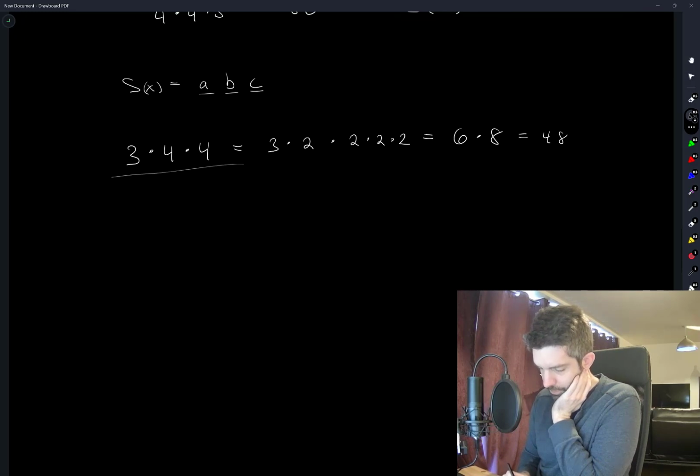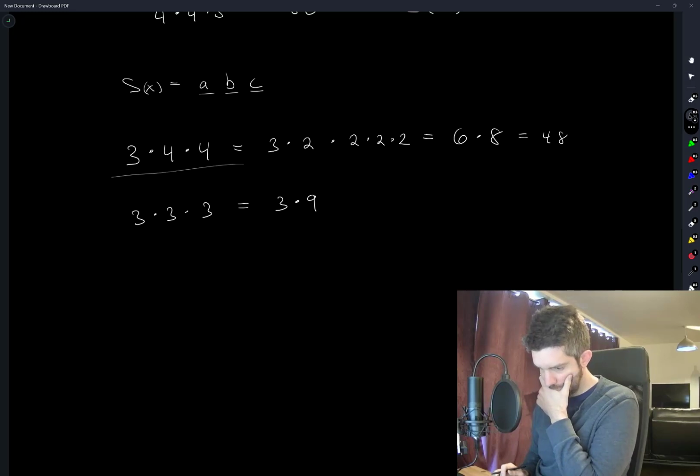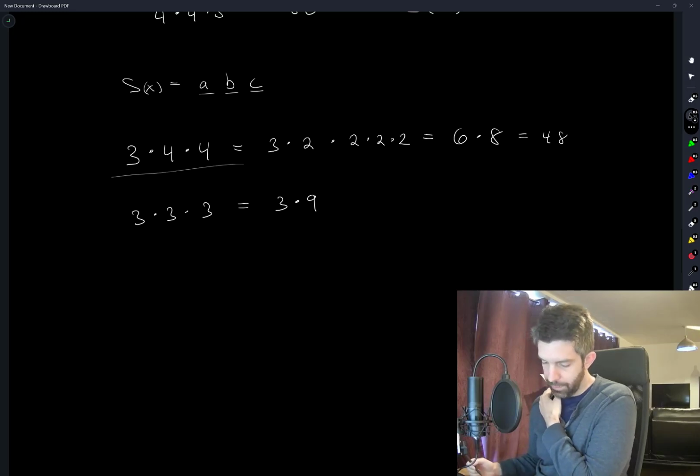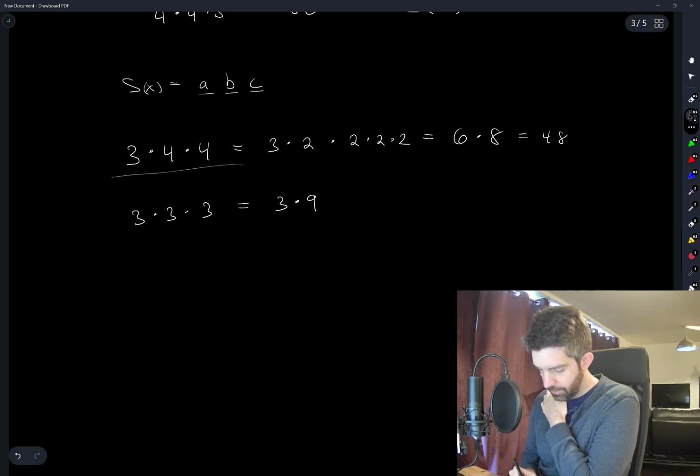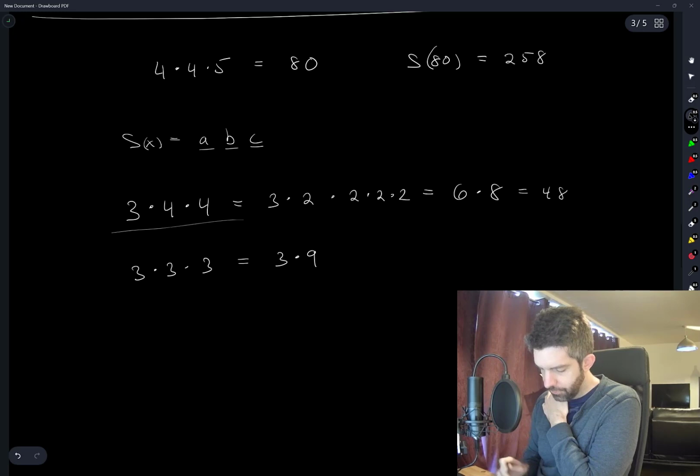Okay, so 3 times 3 times 3 also doesn't work because this is the same as 3 times 9. And 3 times 3 times 4 won't work because that's 4 times 9. Okay, so the first digit, what about first digits that are larger?